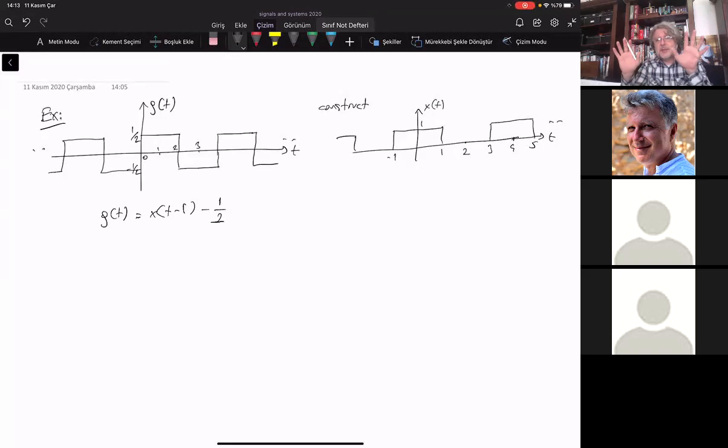So I shift it to the right, and I subtract a 1 over 2, making the offset or the bias of minus 1 over 2.